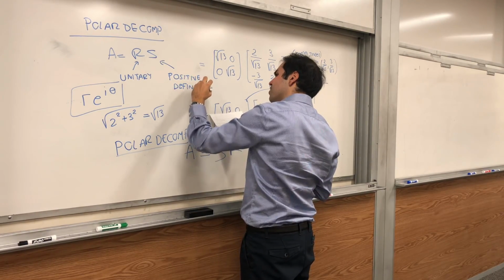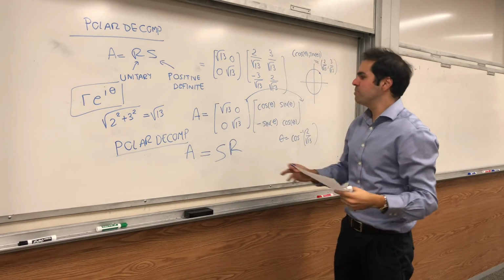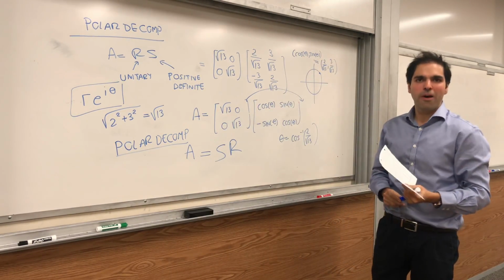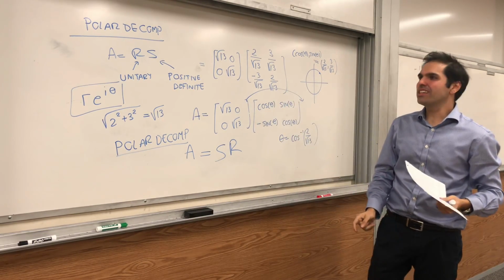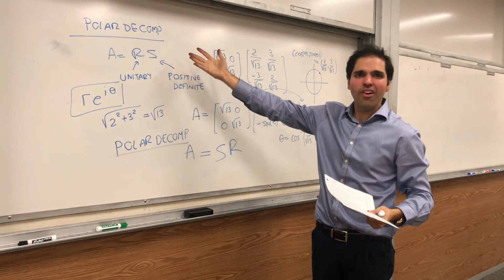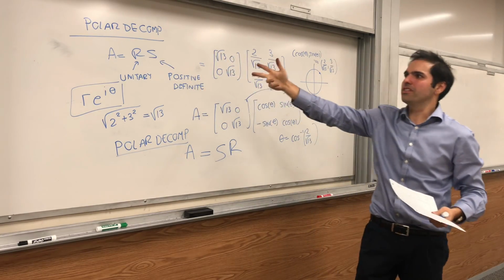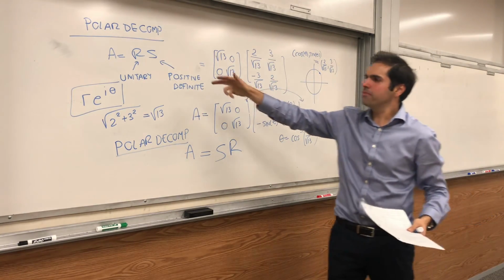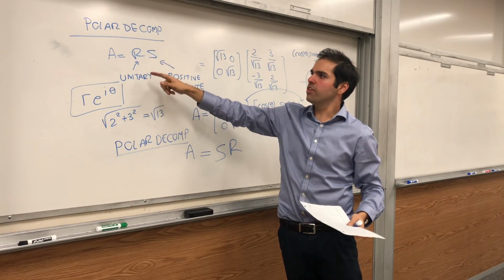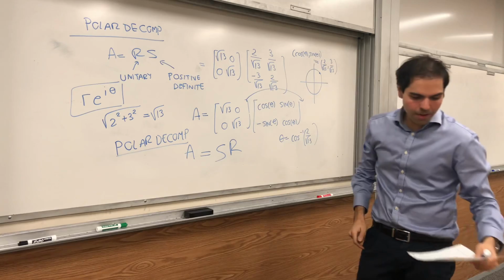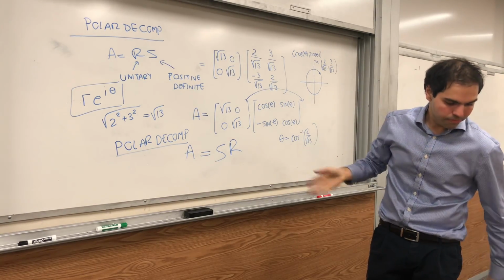Positive definite here just means its eigenvalues are positive. So indeed, that's what we did, but with the 2 by 2 case. In general, I forgot what assumptions, but I think you can write A as a composition of a unitary matrix and a positive definite matrix.